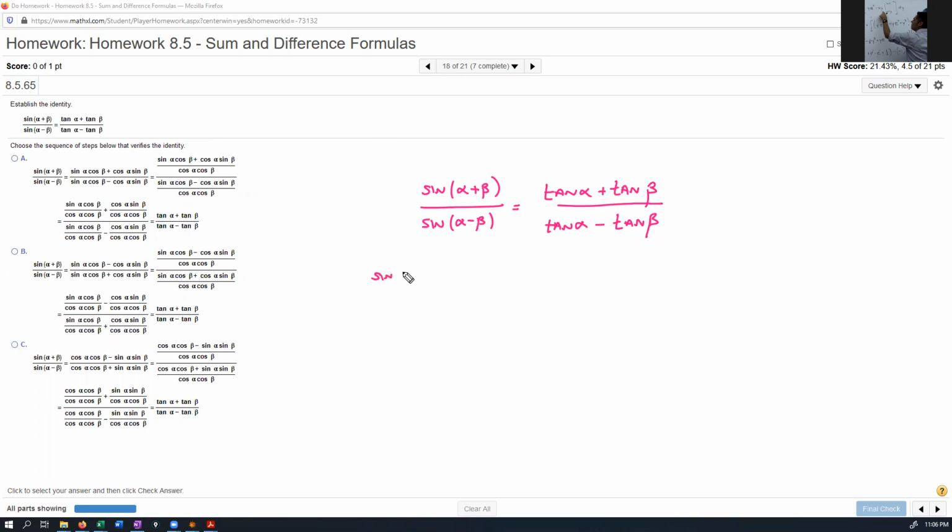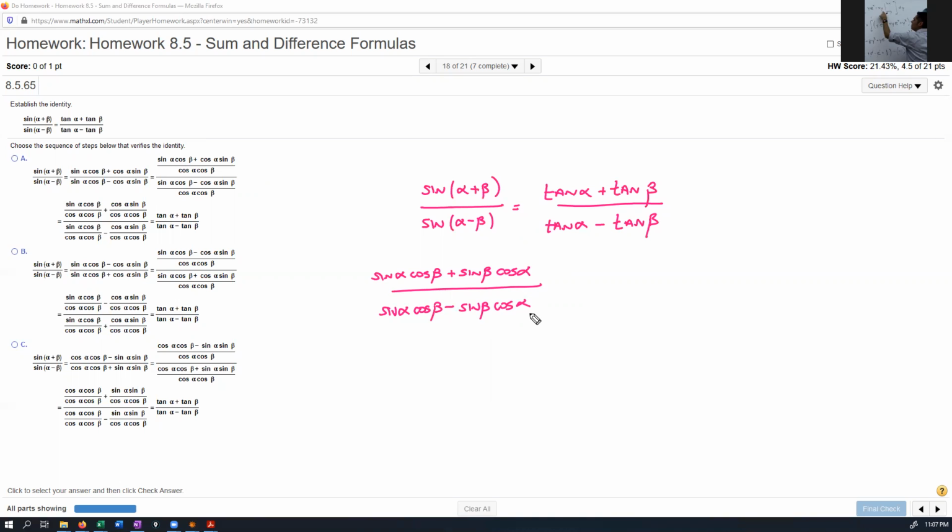Top becomes sine alpha cosine beta plus sine beta cosine alpha over sine alpha cosine beta minus sine beta cosine alpha. Okay, what to do now?